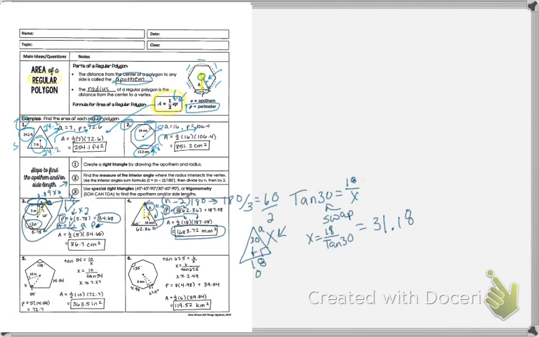You notice on some of this, like number 5 and number 6, they use SOHCAHTOA just like I've been using. I think using SOHCAHTOA is probably the easier one, rather than having to remember how to use the special right triangles.